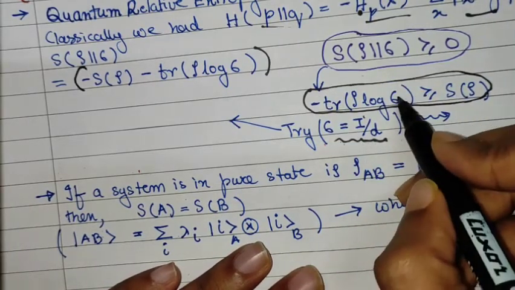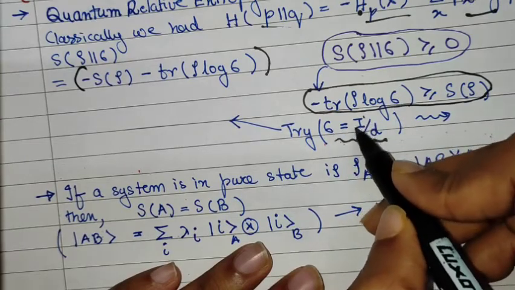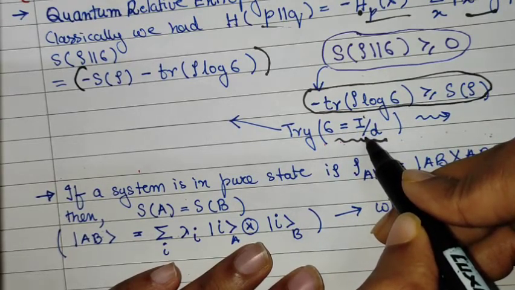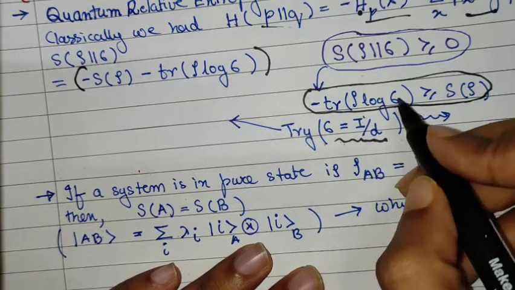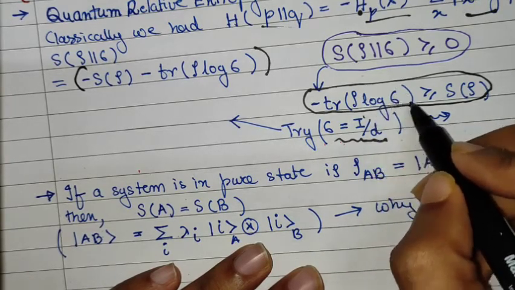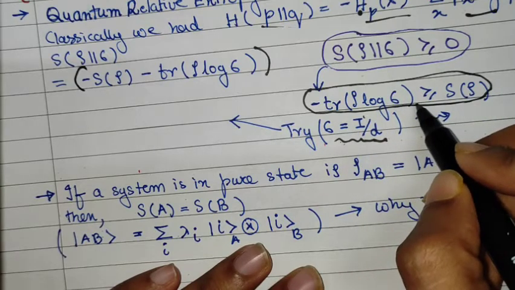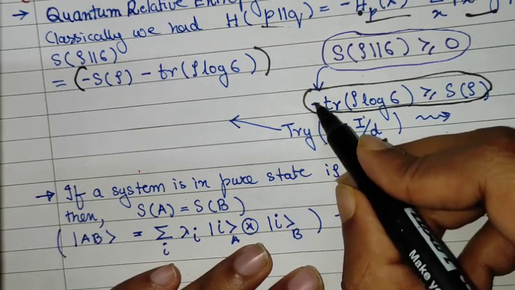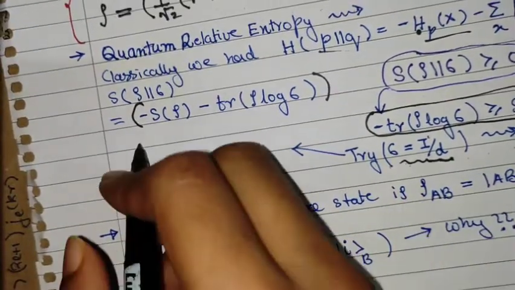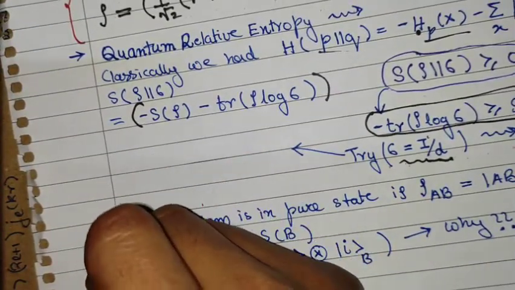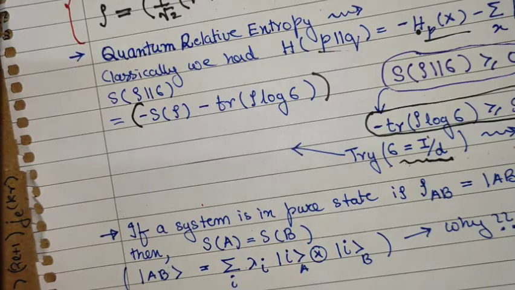Now what we can do is substitute sigma equal to I by d. This I by d is a diagonal matrix, and the log of 1 by d is minus log d, and this minus gets cancelled. So what we finally get is a trace over rho, and there is a product also.